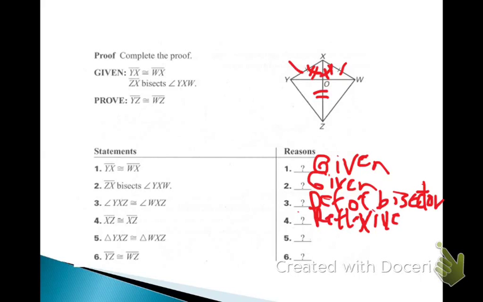YXZ and WXZ. How do I know they're congruent? Caleb. Yes. Side, this angle, and that side are congruent to this side, that angle, and that side. So yes, it's a side angle side proof.